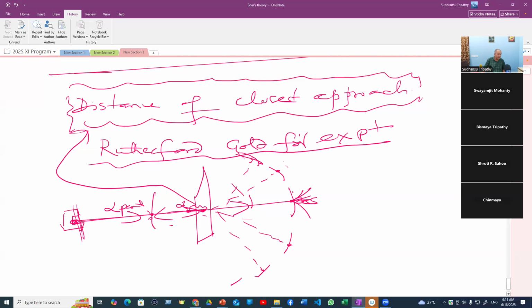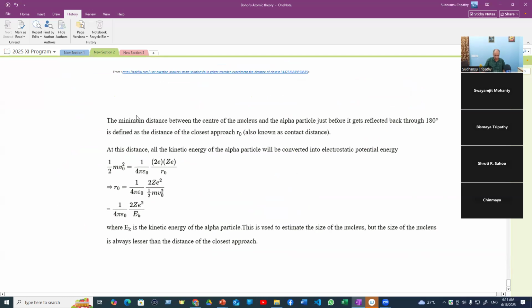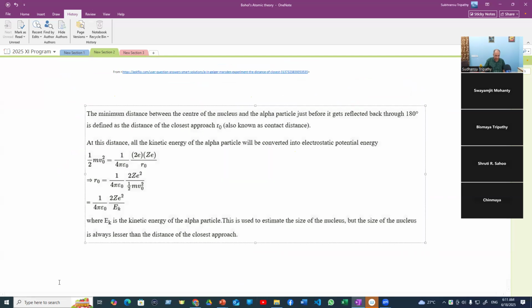Yes, sir. And you can get it easily, I was just trying to keep it for you to save time. It will return when the kinetic energy, half mv naught square, of the alpha particle, I am talking about the alpha particle, not the gold atom or gold nucleus, a moving alpha particle, where v naught is the velocity with which the alpha particle is moving, is equal to the potential energy, because it is coming closer and closer.